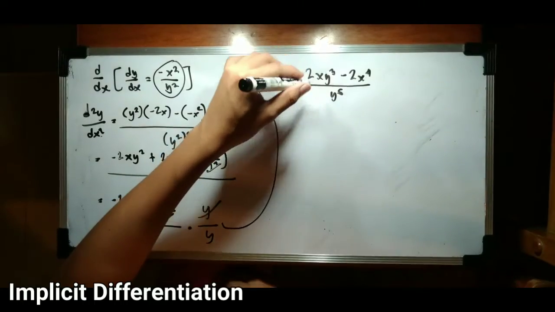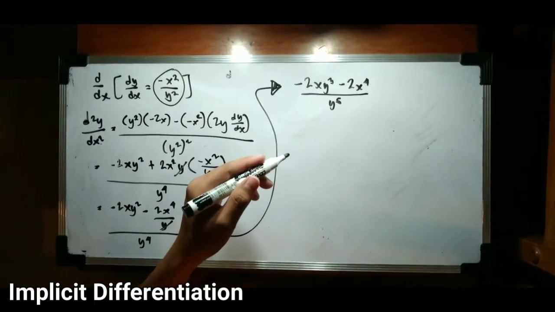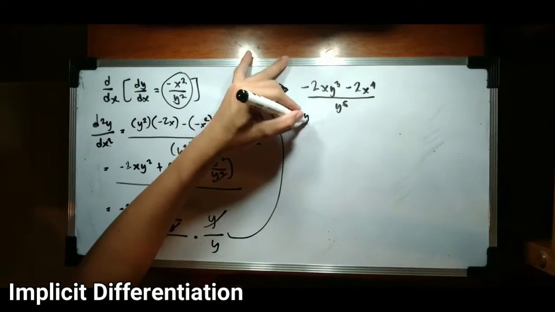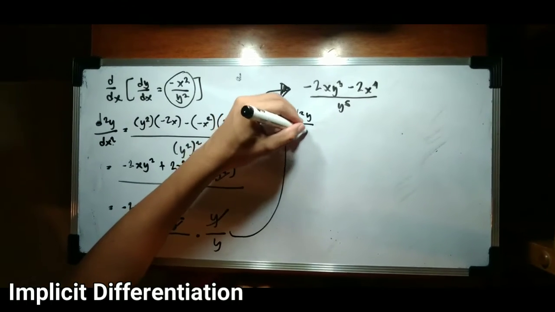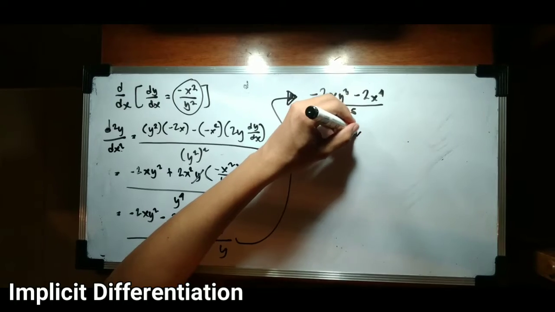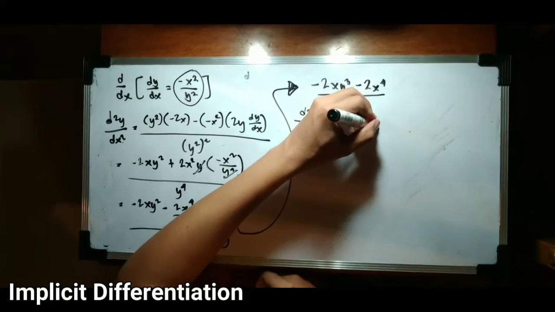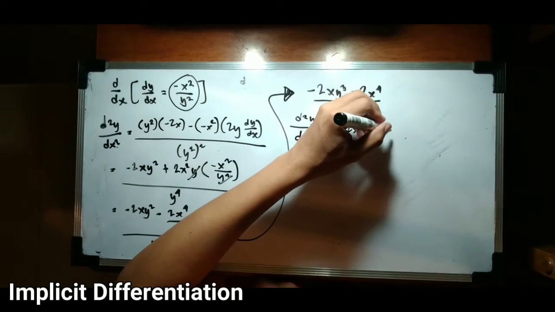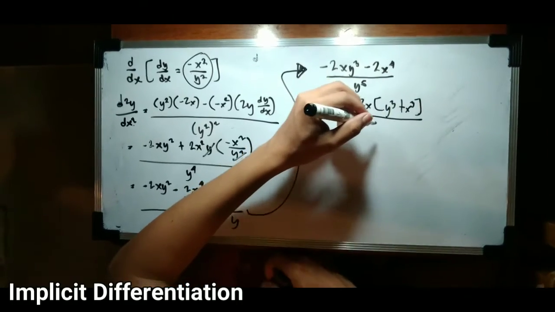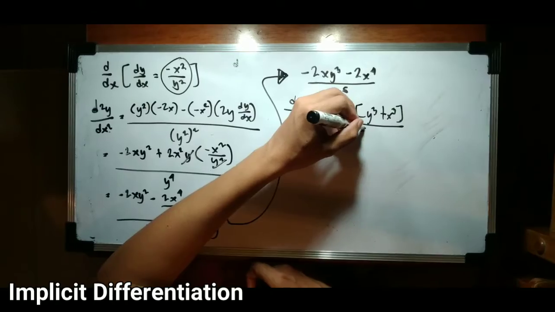So now we can factor this out so that it can be simplified. So d squared y over dx squared will become negative 2x times y cubed plus x cubed over y to the fifth.